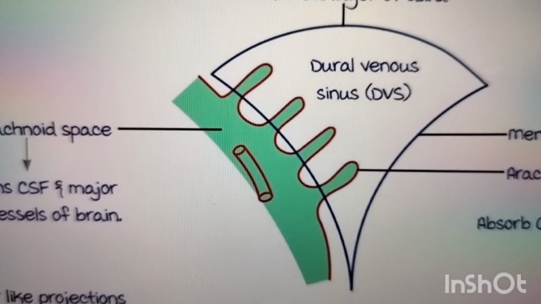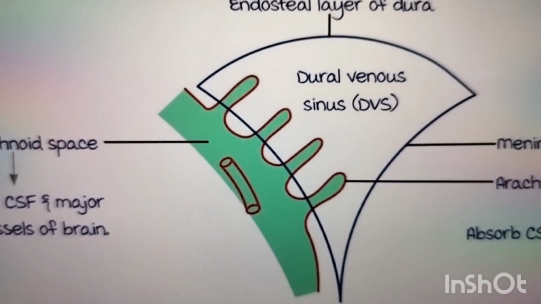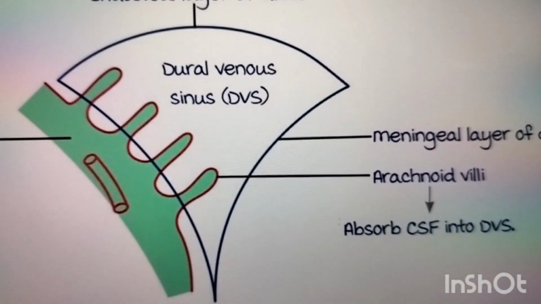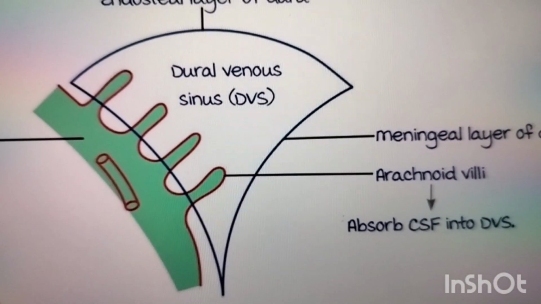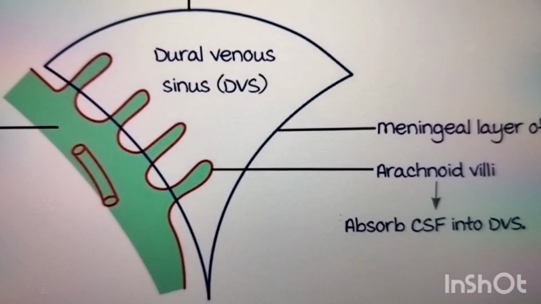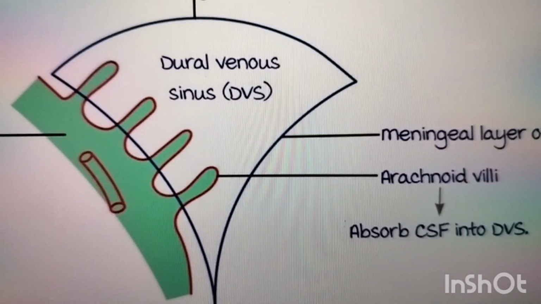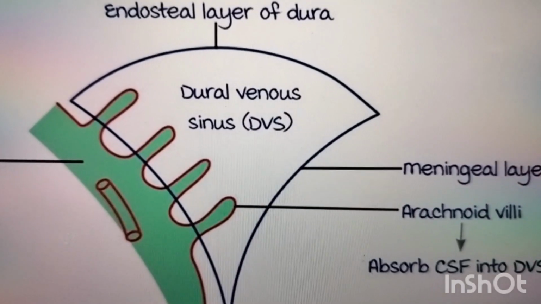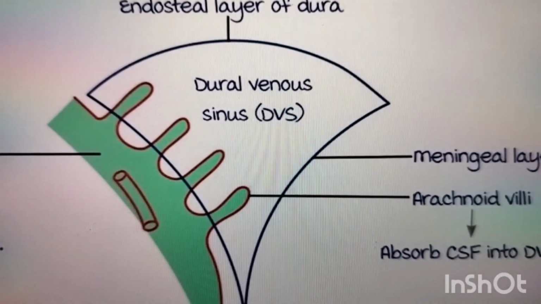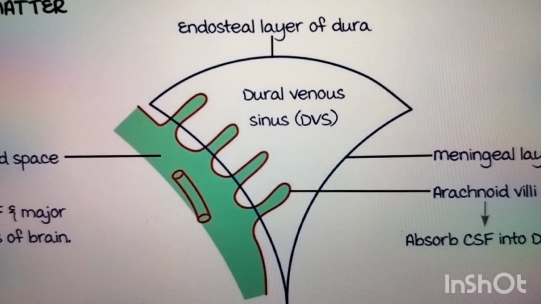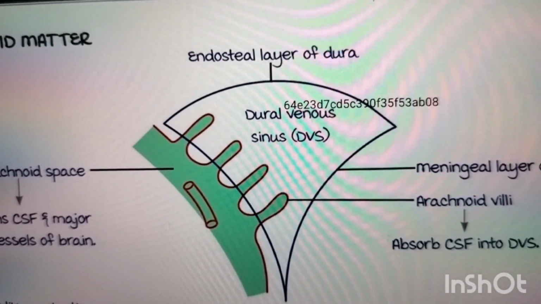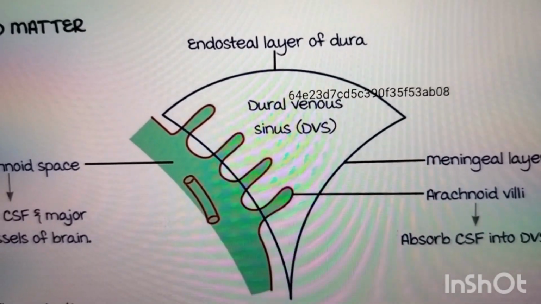This layer is arachnoid mater, and every villus works to absorb the CSF into the dural venous sinus. That means it is not absorbing the CSF, it is just pouring its CSF component into the dural venous sinus.